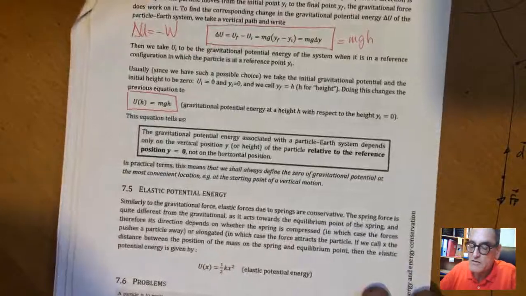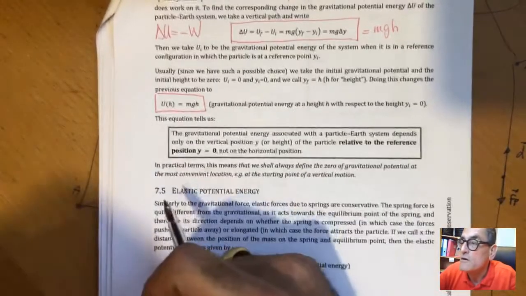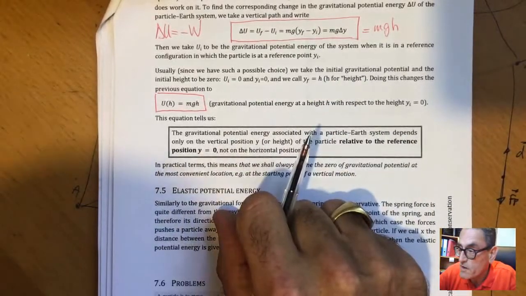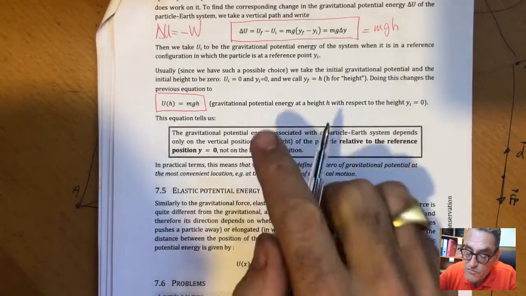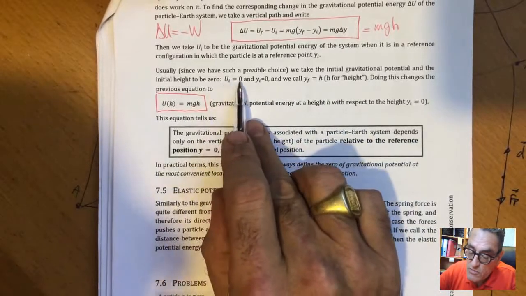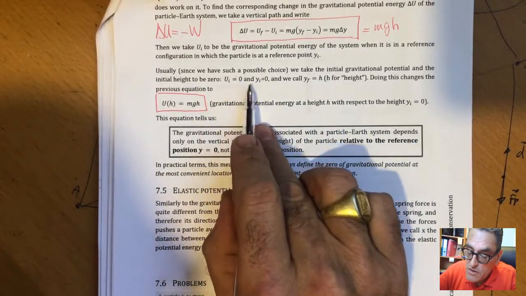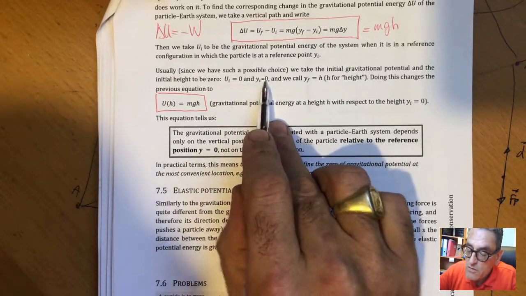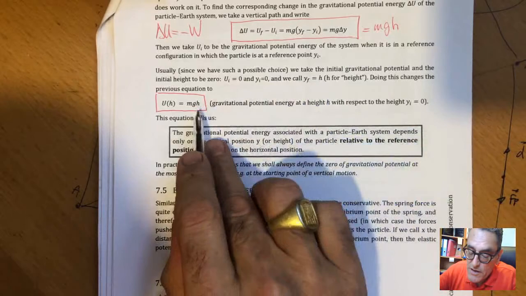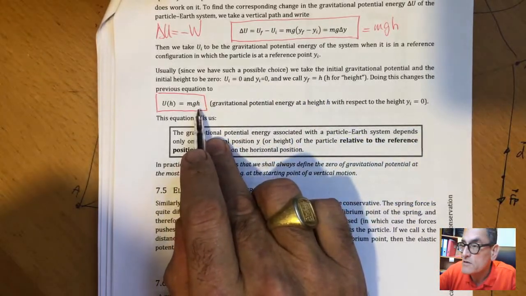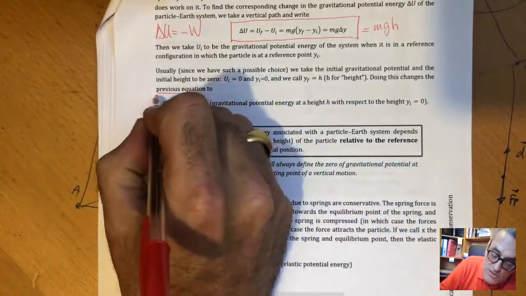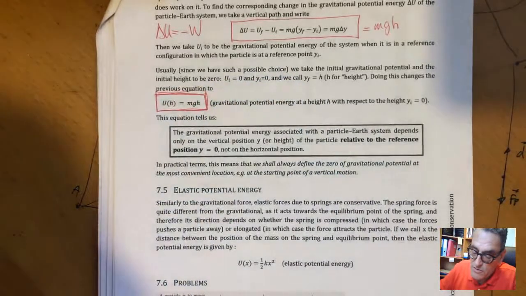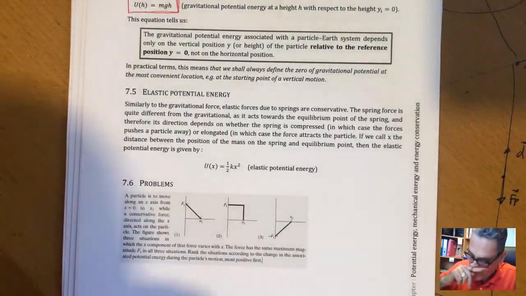If we decide that the initial potential energy is 0, because we always have the right to set a reference level for the potential energy, if we say that the initial potential energy is 0 at y equal to 0, then yf is going to be h, and finally we get this formula, which is the final formula for the gravitational potential energy.